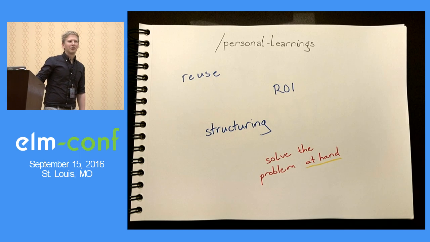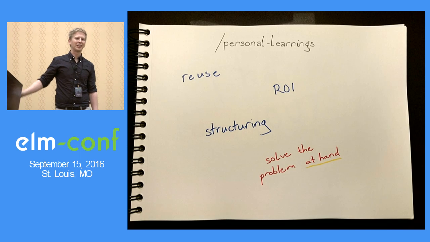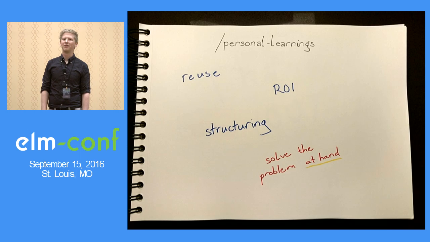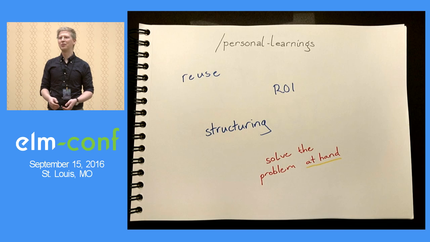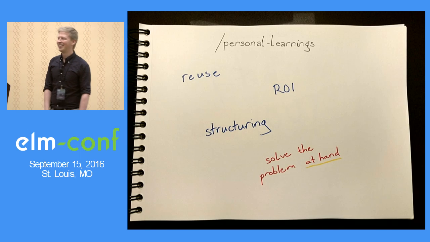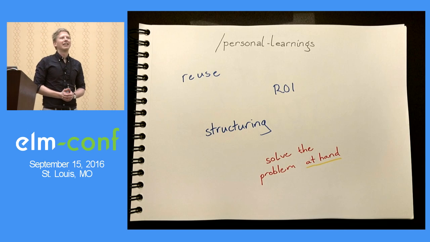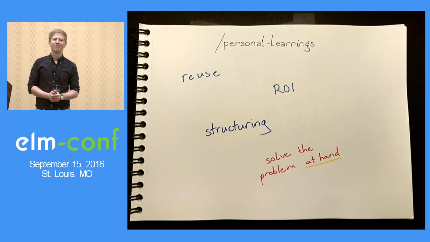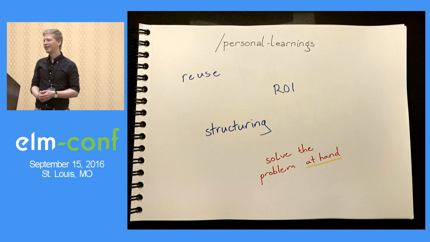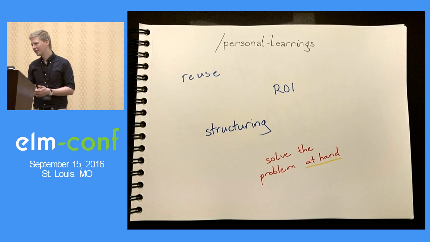And then I've learned about structuring, which is much simpler than it used to be. I just slap every single module in the same directory and be done with it. When it gets too much, then I refactor into what makes sense in that current project. And solving the problem at hand, that's the whole key thing that I wanted to stress here.